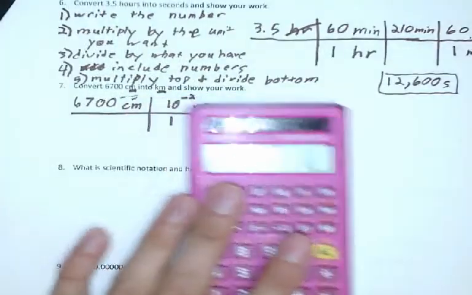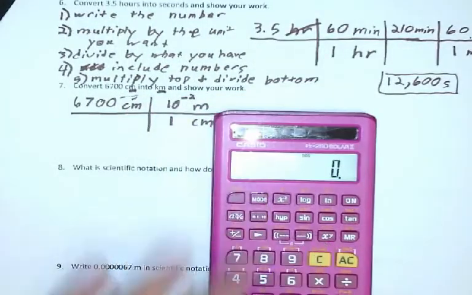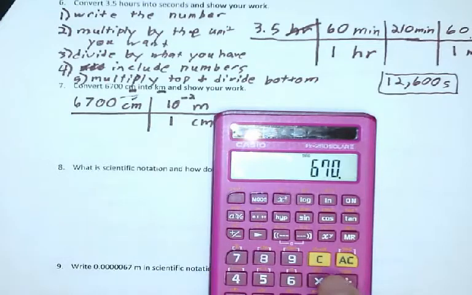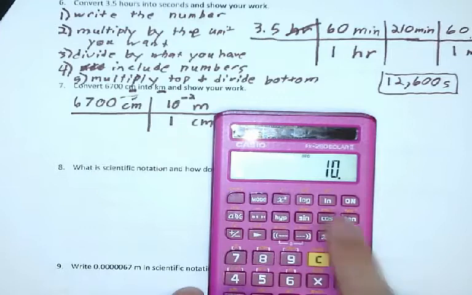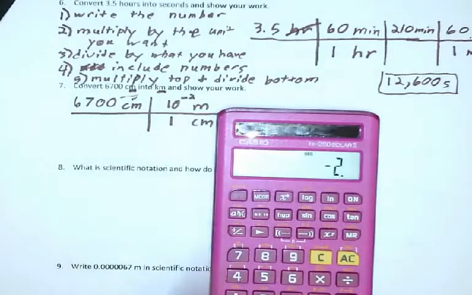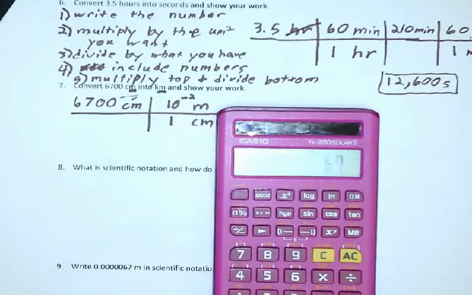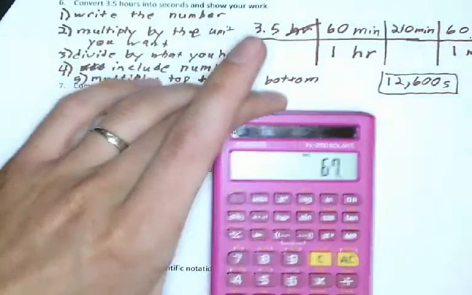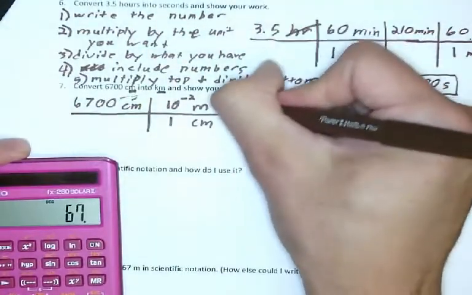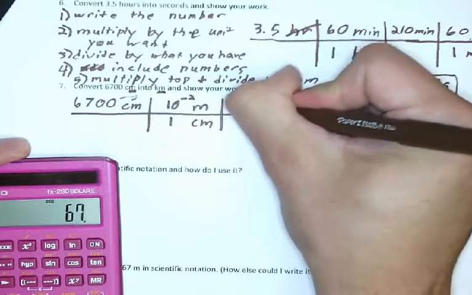Okay, if you're wondering how to do this 10 to the negative 2 business on your calculator, you put the number, so I'm going to do 6,700 times 10 power negative 2. And when I multiply that, I get 67.